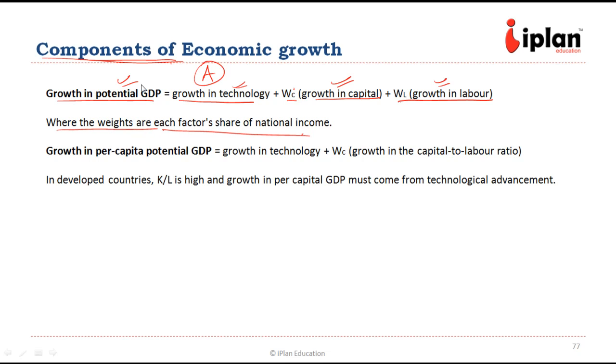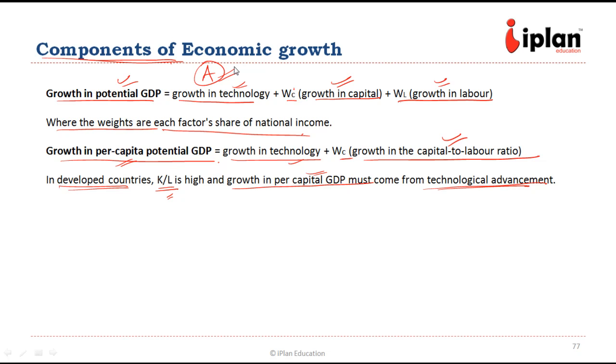So this will give you the growth in potential GDP. Or if you want to calculate per capita, then we have to look at growth in technology plus WC, growth in capital to labor ratio. So that will give us the growth in per capita GDP. As we know, in developed countries, the ratio of capital is higher as compared to the labor, and the growth in the GDP comes from technological advantage, the A factor.